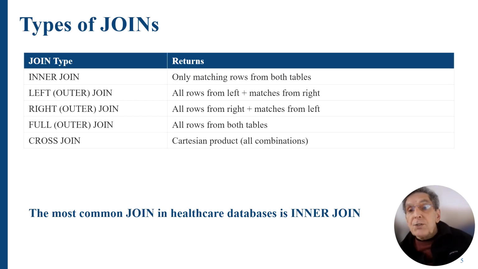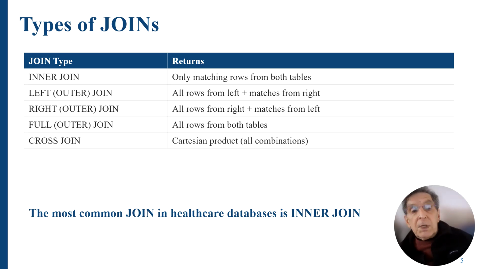So SQL provides several types of joins, and choosing the right one depends on what question you're trying to answer. An inner join returns only rows that have a matching value in both of the tables that you're joining. This is the most common type of join.